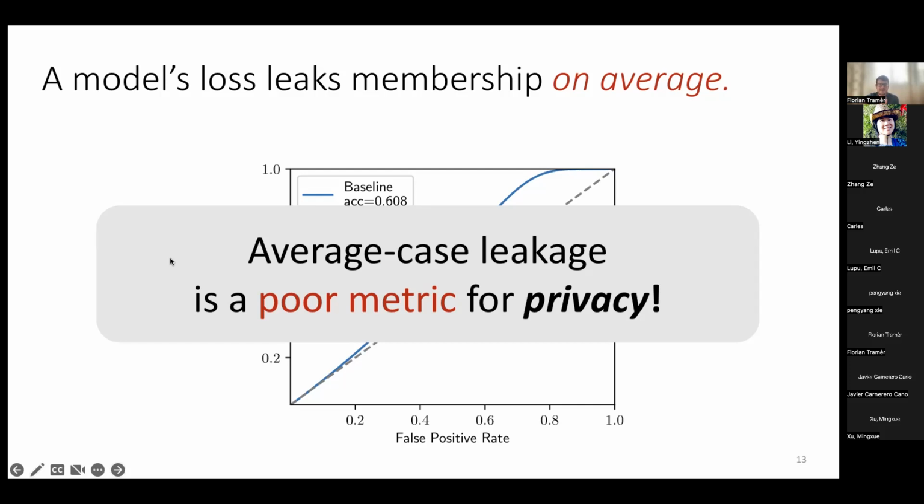If this attack has a certain AUC score, it really doesn't tell you whether your data is vulnerable or not. It just tells you that on average across the entire training set, the model is making slightly different decisions on the training set than on the test set. And so it's kind of hard to reconcile this with an actual privacy threat.